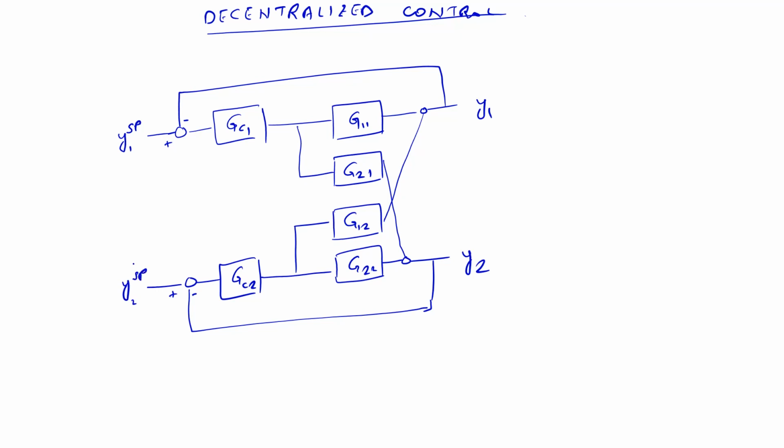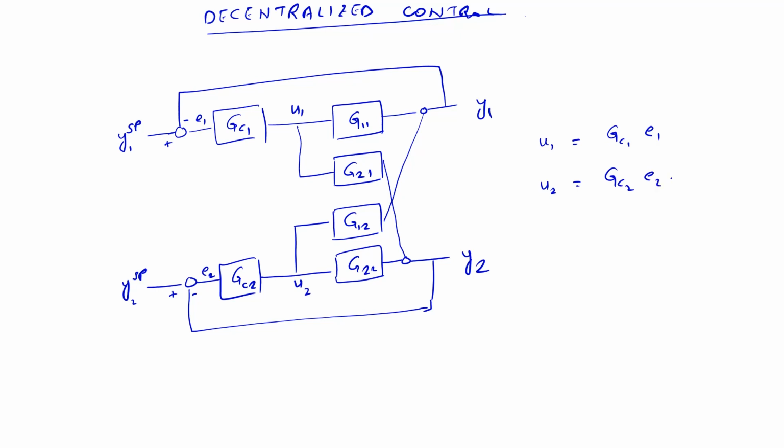So in this control system, this is E1, this is E2, and this is U1, and this is U2, and U1 is equal to GC1 E1, and U2 is equal to GC2 E2, and you can see the dependence.